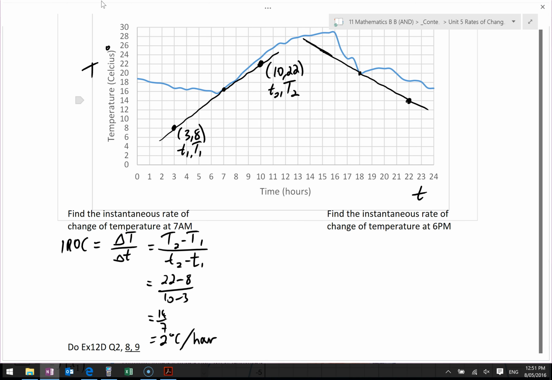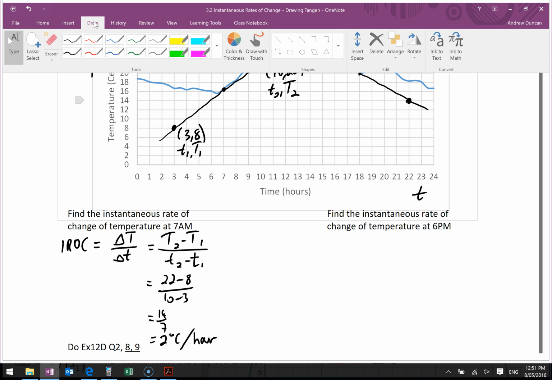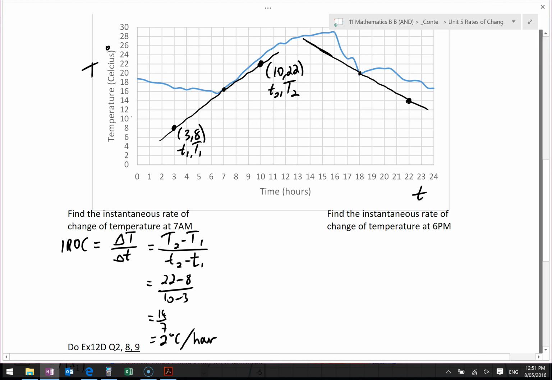Okay, so I'll do it in a different color so we can be sure to see it's a different problem. So this point, 18 and 20 will be my time and my temperature 1, correction. And over here 22 and 14 will be T2, T2.